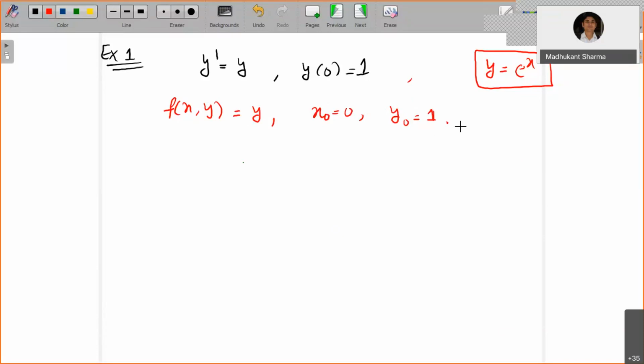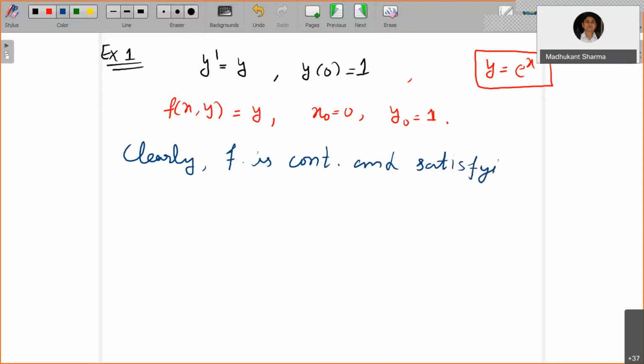Now the very first thing is the function f satisfies... so this is a polynomial, right? f of x y is equal to y, so it's y to the power 1. This is clearly continuous and satisfying the Lipschitz condition.